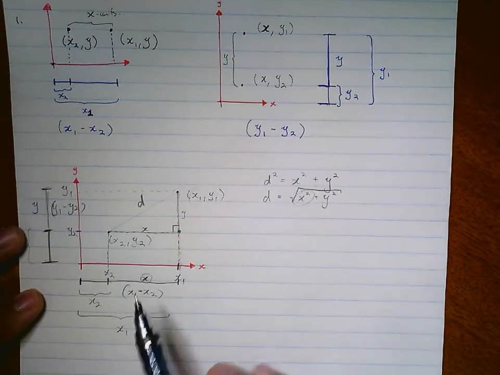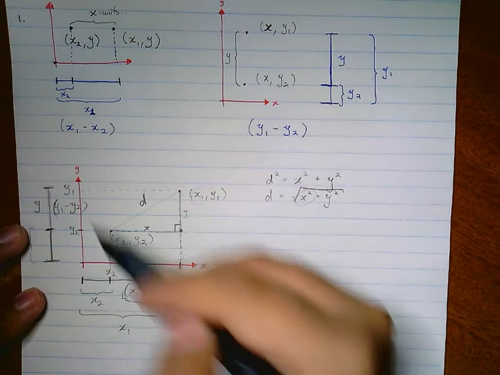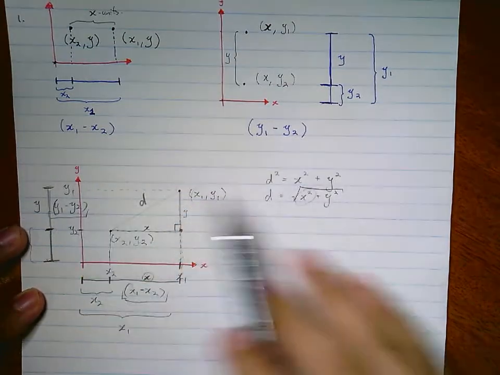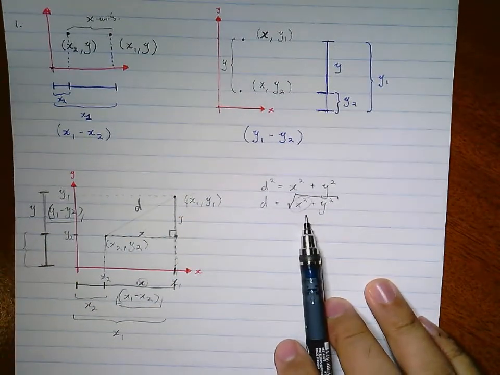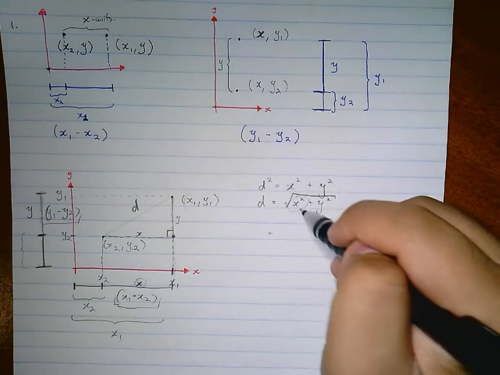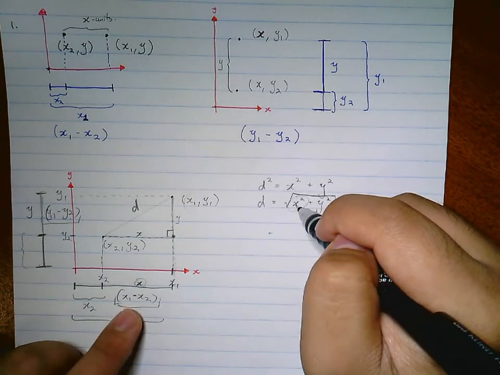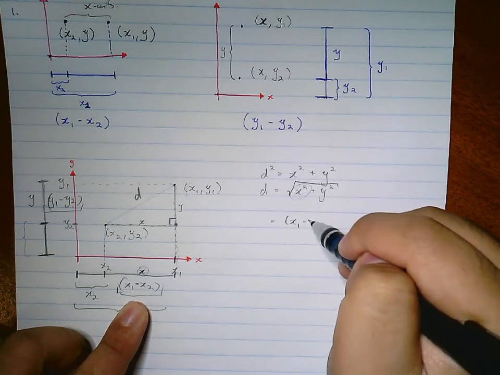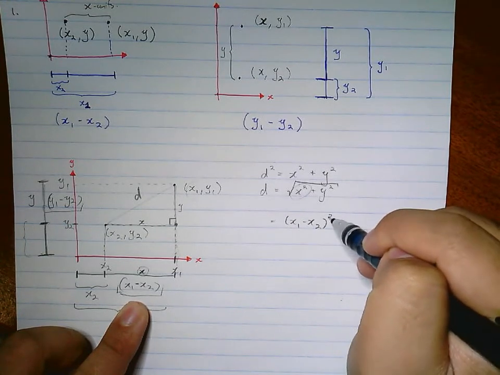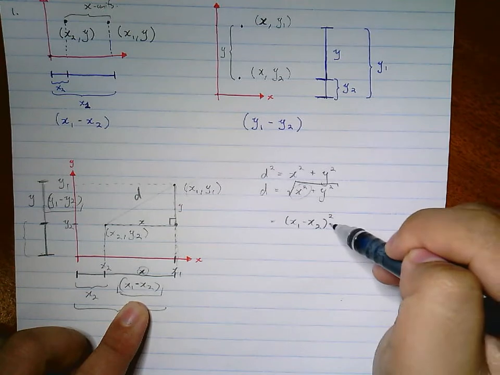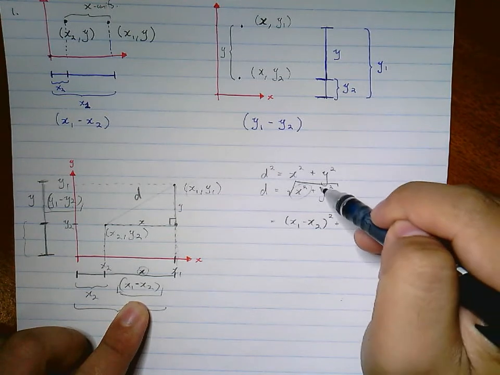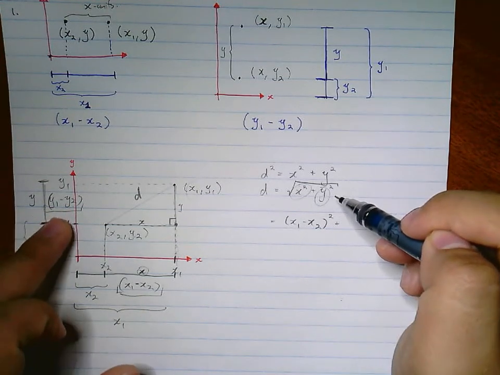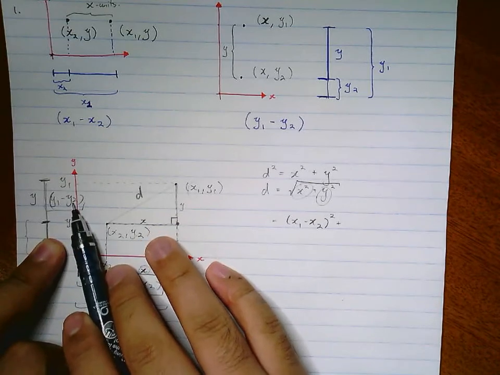So substituting these two into our Pythagoras formula here, x is now going to be x1 minus x2, squared. Plus, our y is now going to be substituted with these two values here.